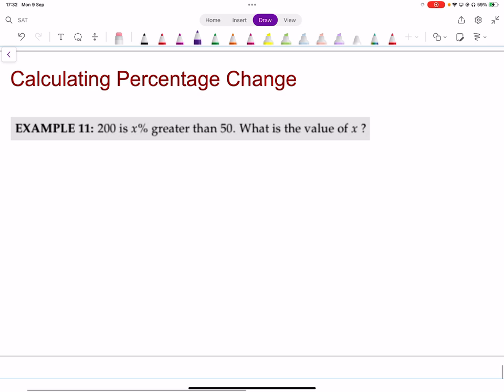Last example. One last example. Okay. 200 is X% greater than 50.